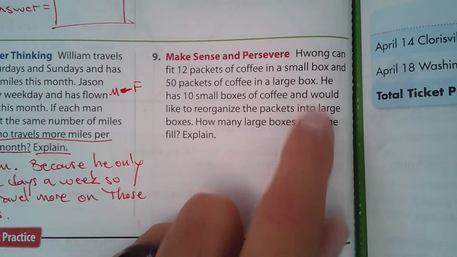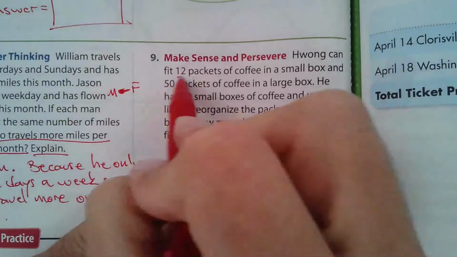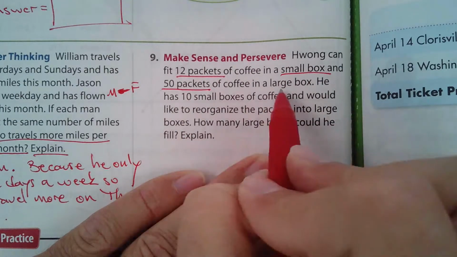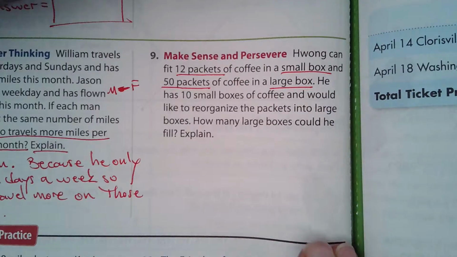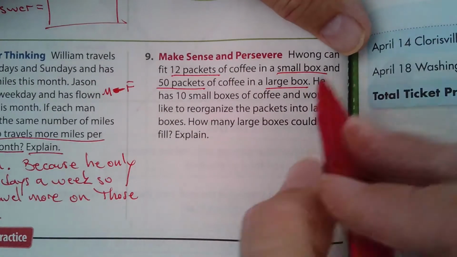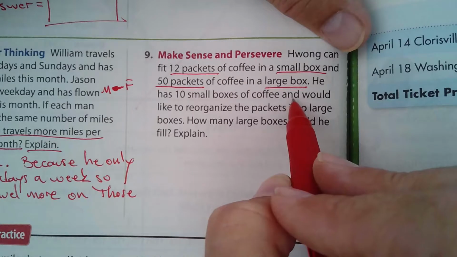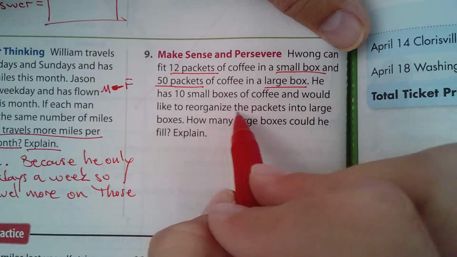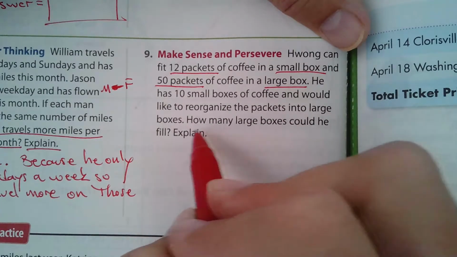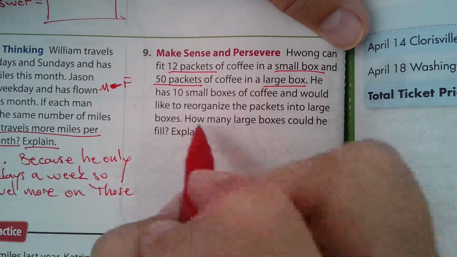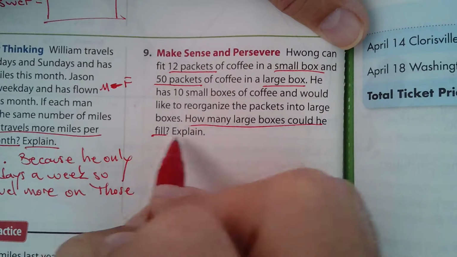I'm going to put 12 packets, small box, 50 packets, large box, underlining the pertinent information. He has 10 small boxes of coffee and would like to reorganize the packets into large boxes. How many large boxes could he fill? Explain.